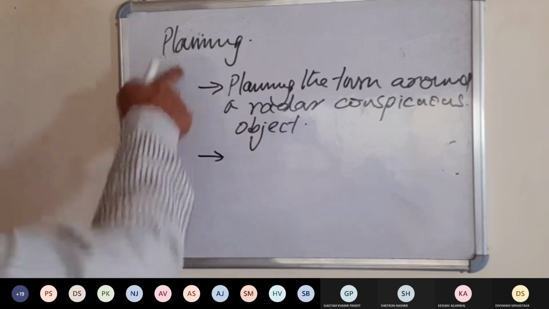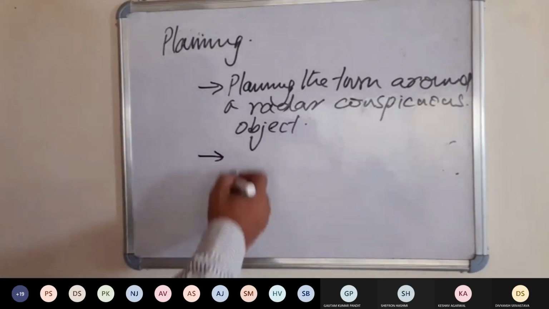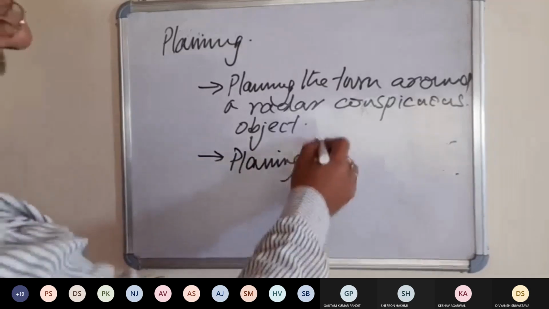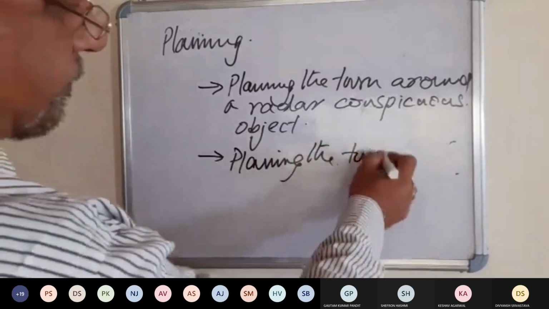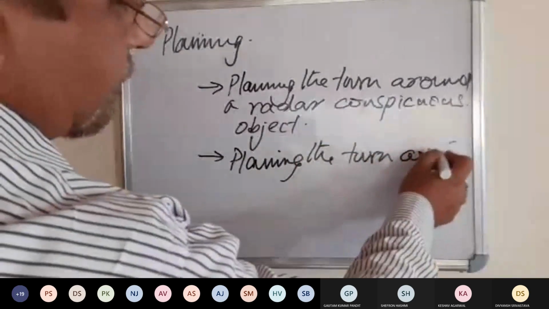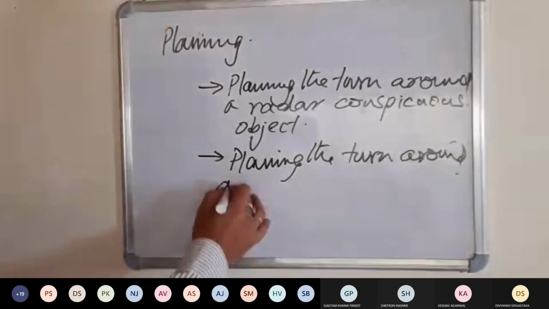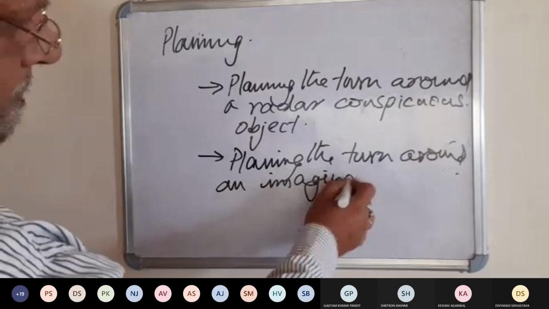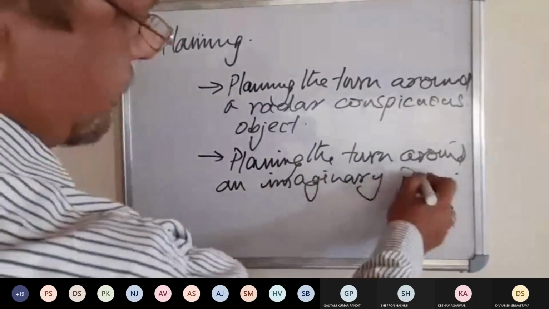So the second type of planning will be when planning the turn around an imaginary point.